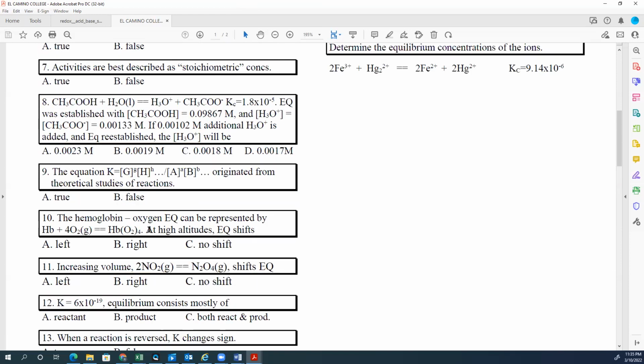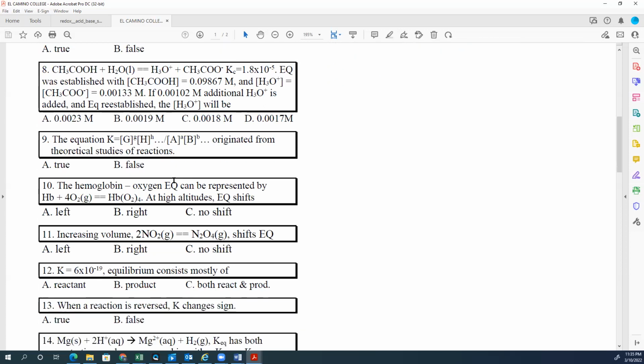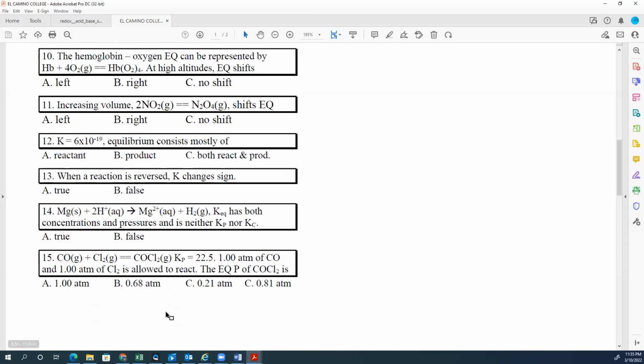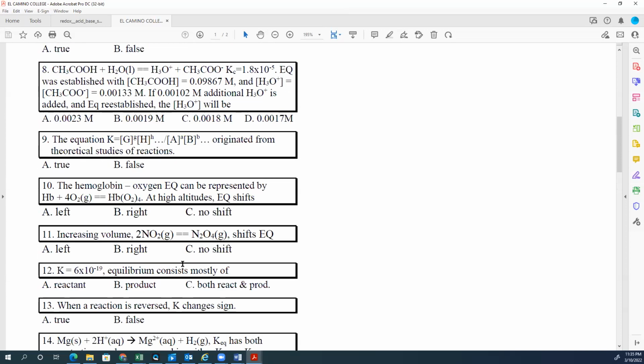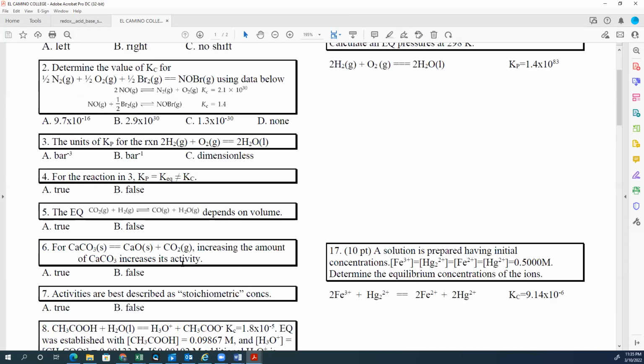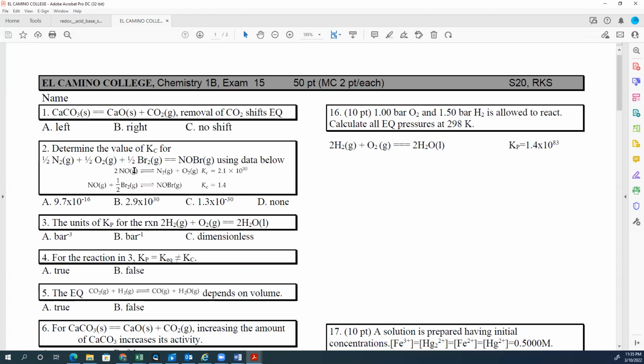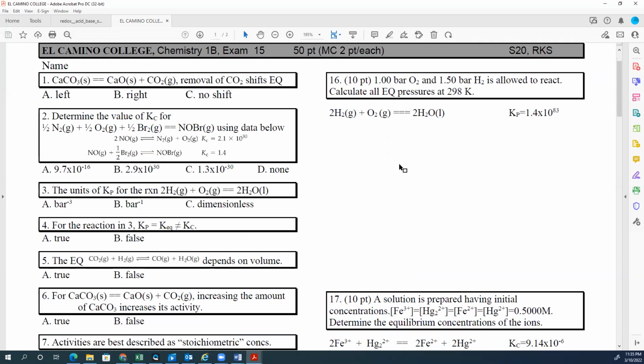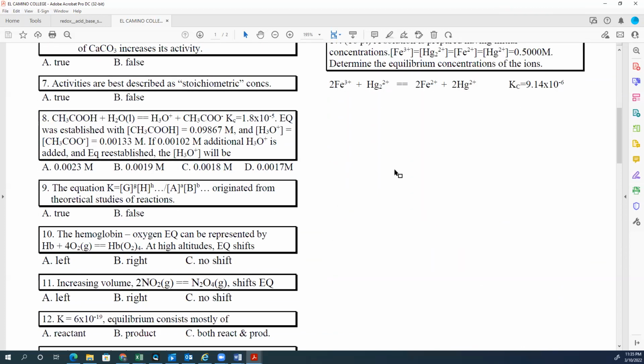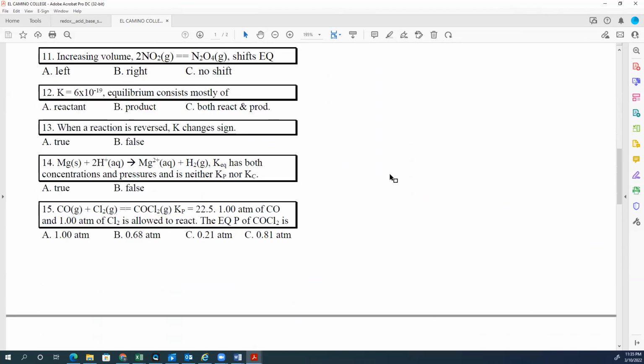Some of the 15 multiple choice involve calculations. I think this one involves a calculation here. The others are just conceptual. This one involves a calculation. There's a calculation here. And then 2 free response questions here, it looks like. Okay.